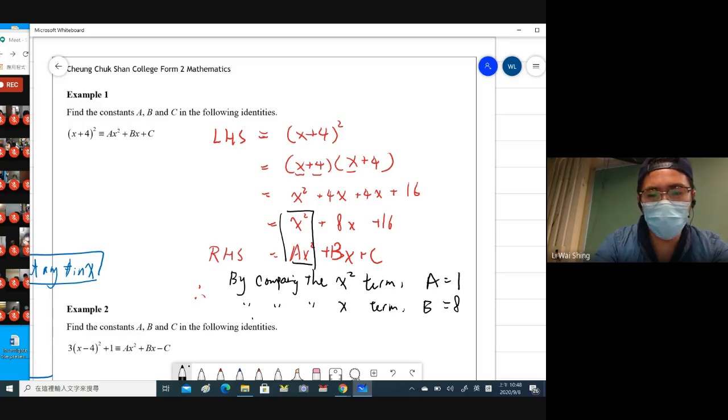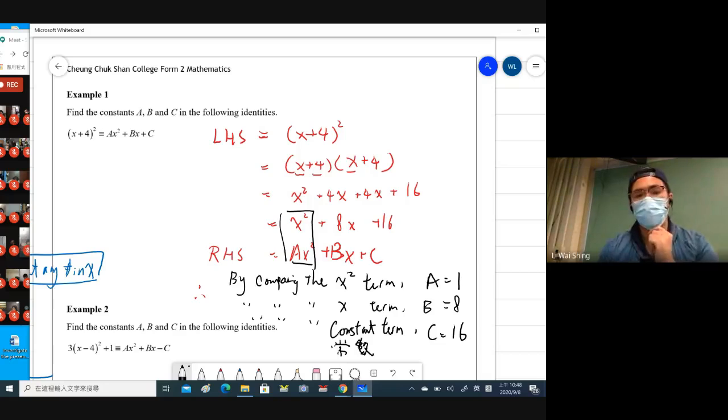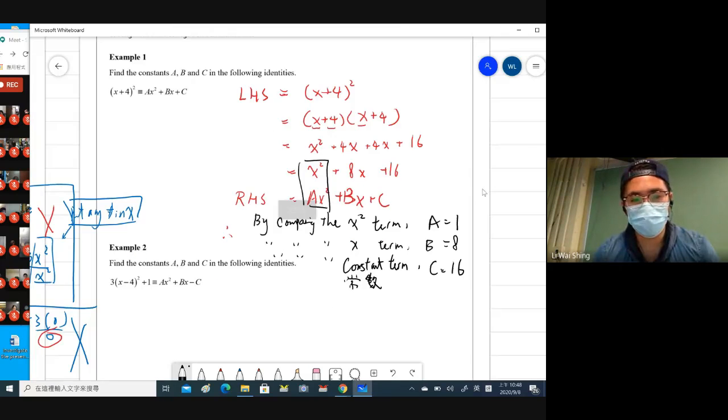And you're comparing the, oh, no x term, don't write no x term. You know that there is a special name for it. We call it the constant term. 中文常數項，常數項。You know that c equals 16 directly. Okay, easy. As easy as pie, right?